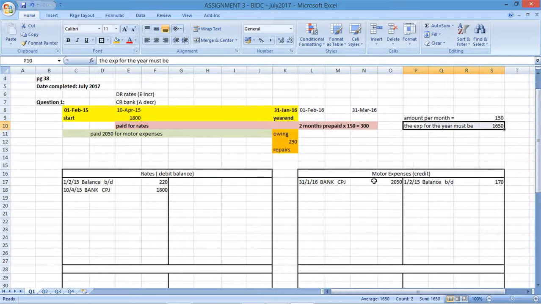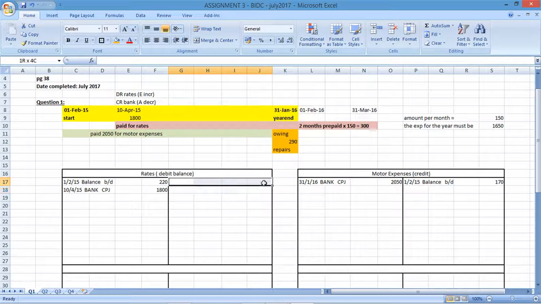That's the amount that you would recognize as an expense for the year that will be closed off to the profit and loss or the trading account. Obviously profit and loss, because the trading account works out our gross profit. So in the rates account, we're going to credit this account to close it off, a closing transfer, and we're going to move this to the profit and loss.